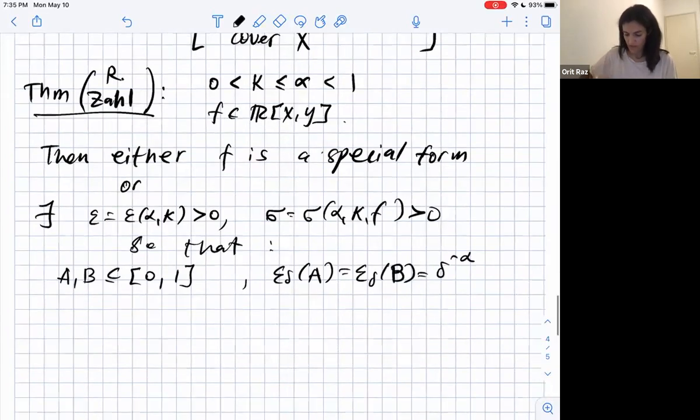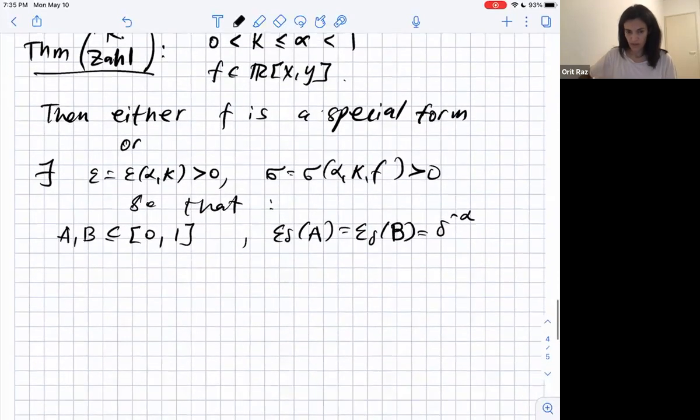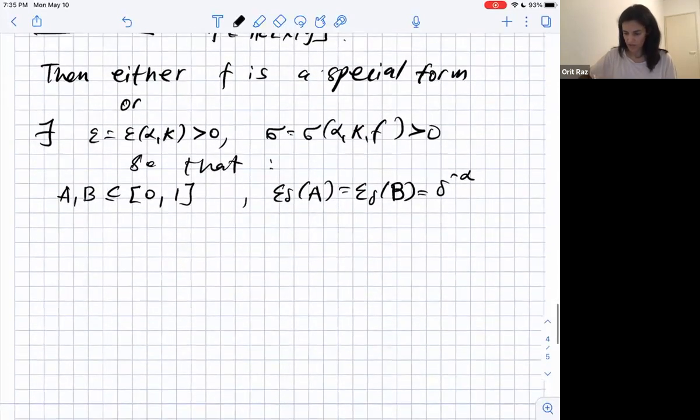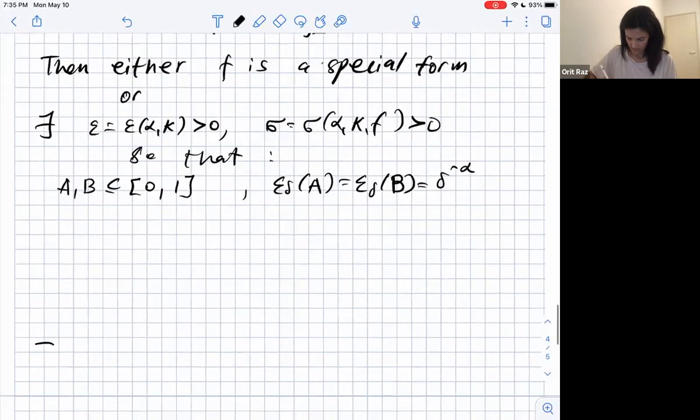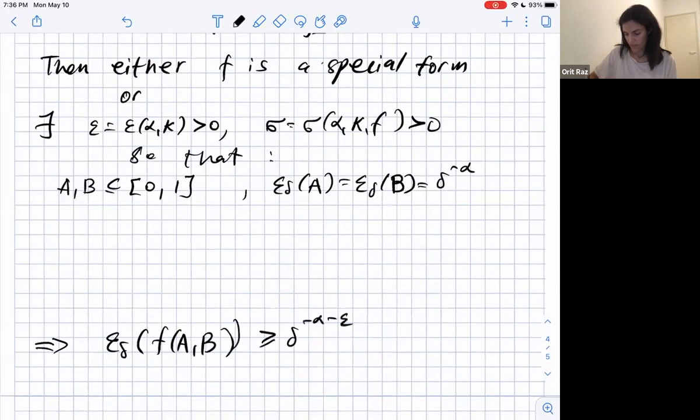And we have some non-concentration assumption on A, B that I'm going to write in a second, but the conclusion is then the delta covering number of f(A, B) is at least delta to the minus alpha minus epsilon. So delta to the minus epsilon is large, right? Delta is small, delta to the minus epsilon is large.